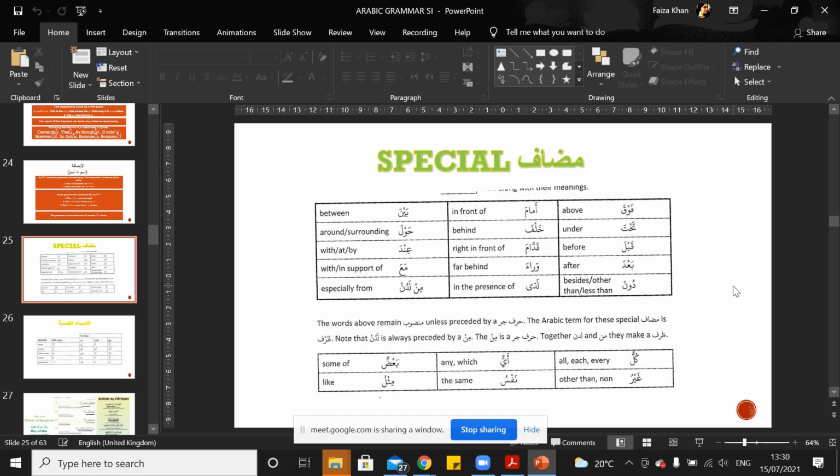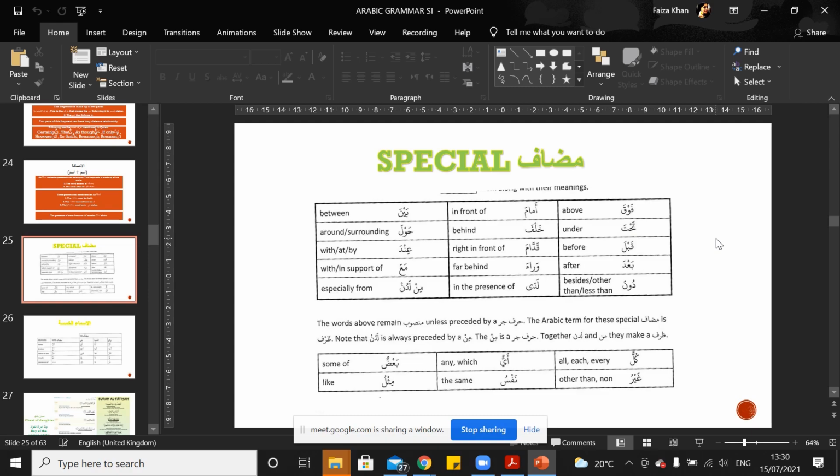When we have these words before an ism in majroor form, we call it an idafa fragment, and these are called special mudaf. You have to memorize them: bada, fawqa, tahta, qabla, duna, amama, khalfa, qadama, wara'a, lada, baina, hola, inda, ma'a, min ladun.